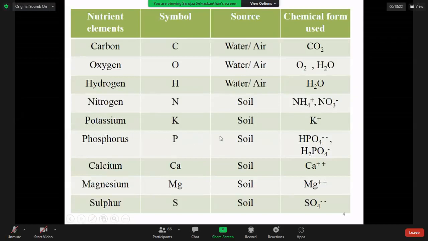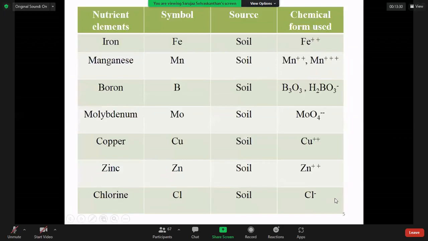Then potassium K plus, phosphorus, calcium, magnesium, sulfur. There are several forms you have to consider. Among the micronutrients, there is also iron, Fe2 plus, magnesium, boron. These things we have to know.